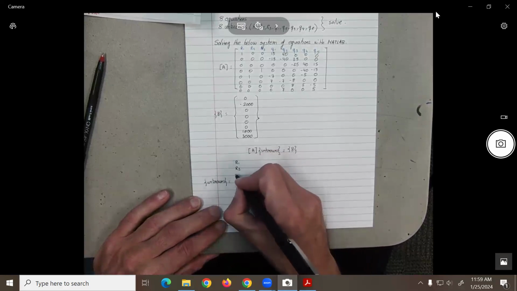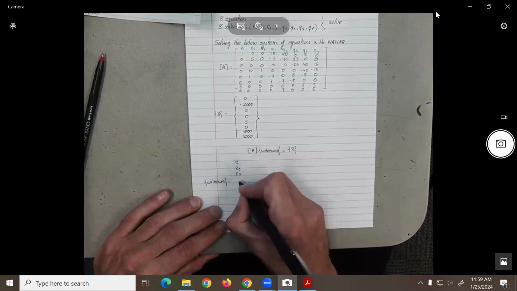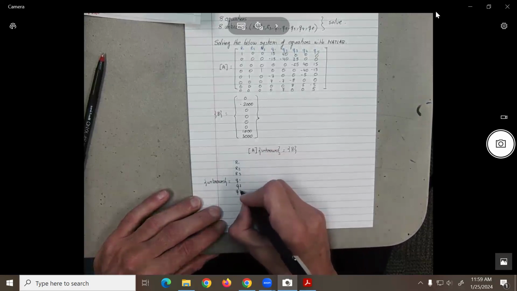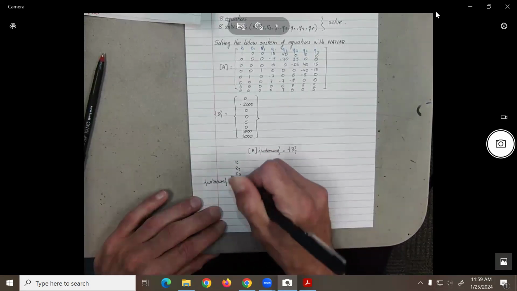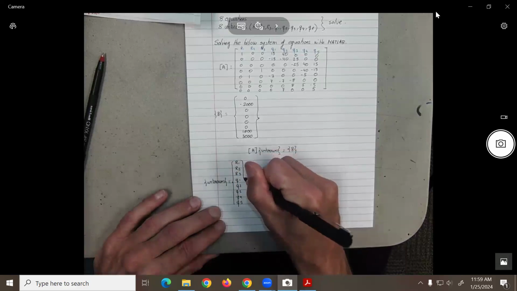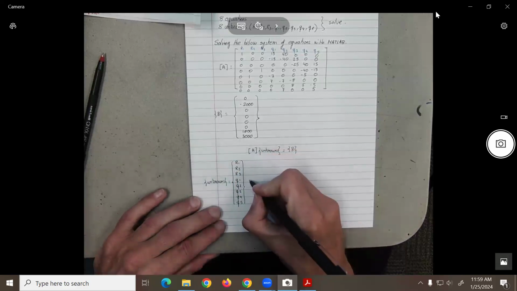R1, R2, R3, Q1, Q2, Q3, Q4, Q5, will be equal to what?